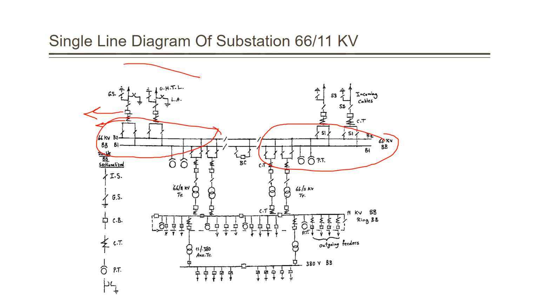Therefore, the power provided by this component goes to this bus bar and to this double bus bar. So the benefit is that it separates this part from this part, and in case we have a fault and would like to keep the loads operating, we connect these two bus bars in order to provide power to them.